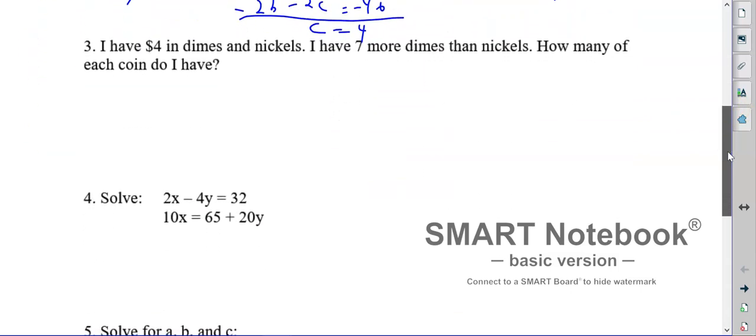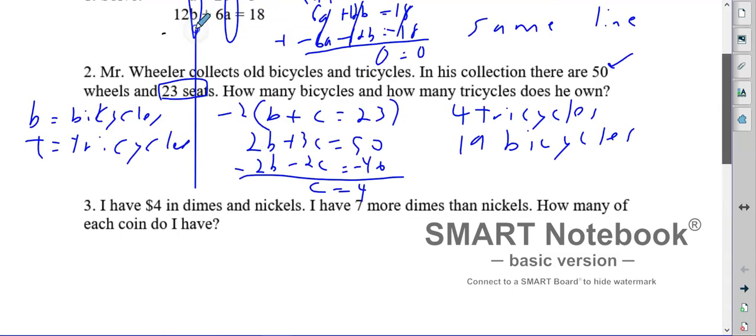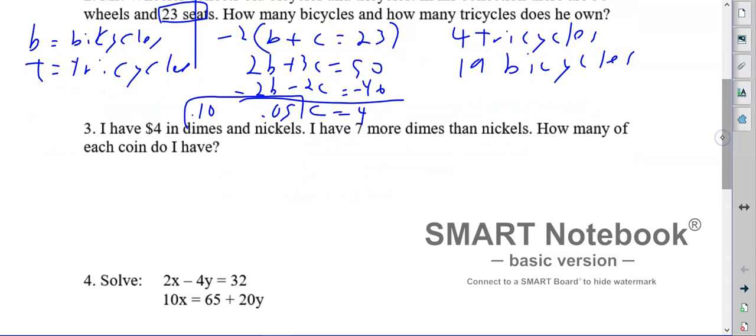Number 3, classic problem. I have nickels and dimes. So dimes is 0.10 or just 0.1, and nickels, be careful, is 0.05, not 0.5. So in this one, we don't know how many we have, but we know we have 7 more dimes than nickels.